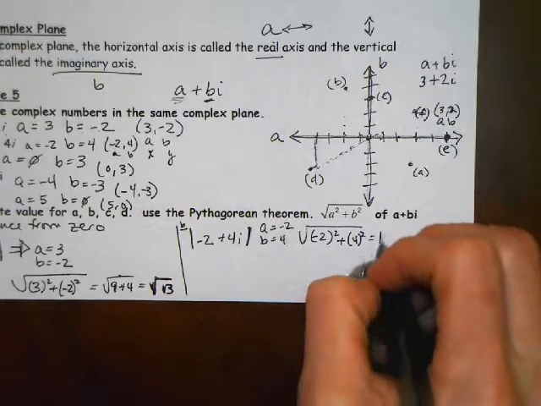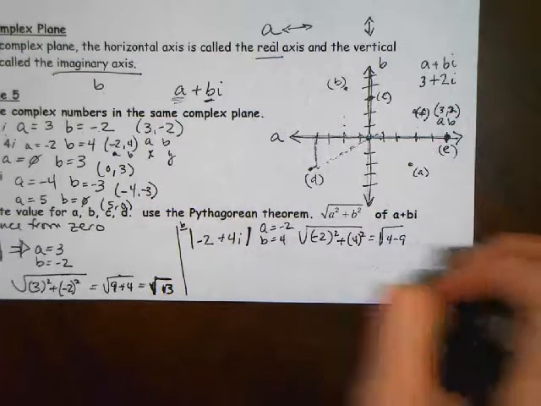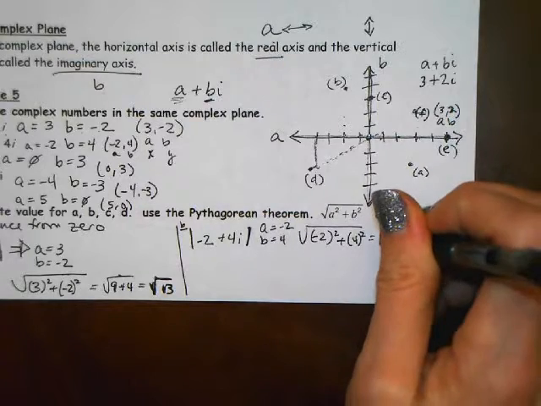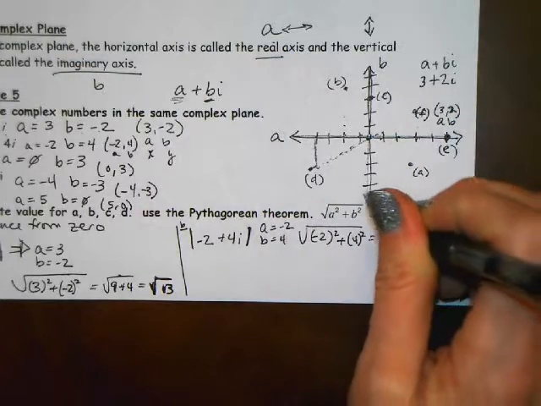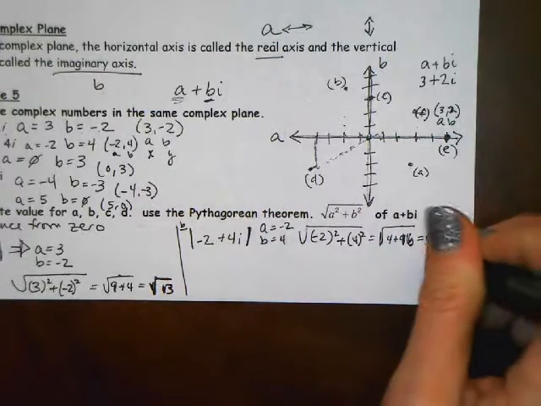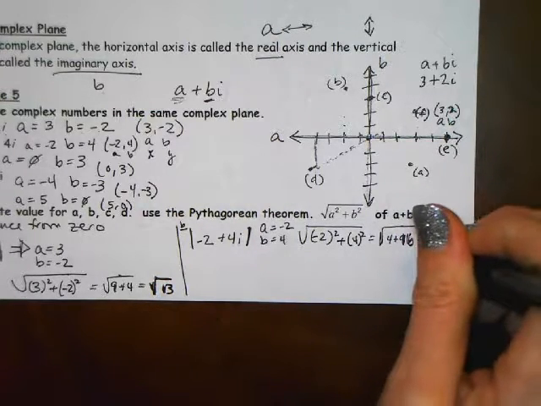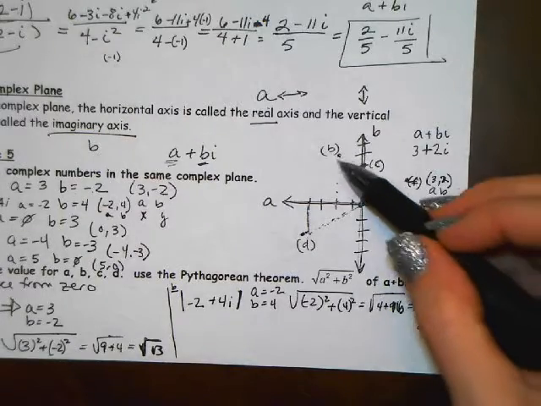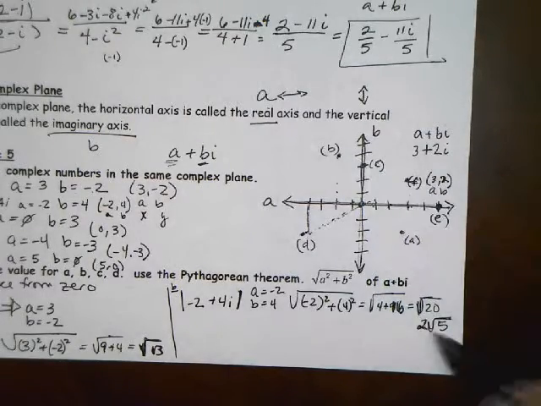That's going to equal the square root of 4 plus 16. That equals the square root of 20. The square root of 20 can be reduced to 2 square roots of 5. So the distance from 0 to B, this one right here, is 2 square roots of 5.